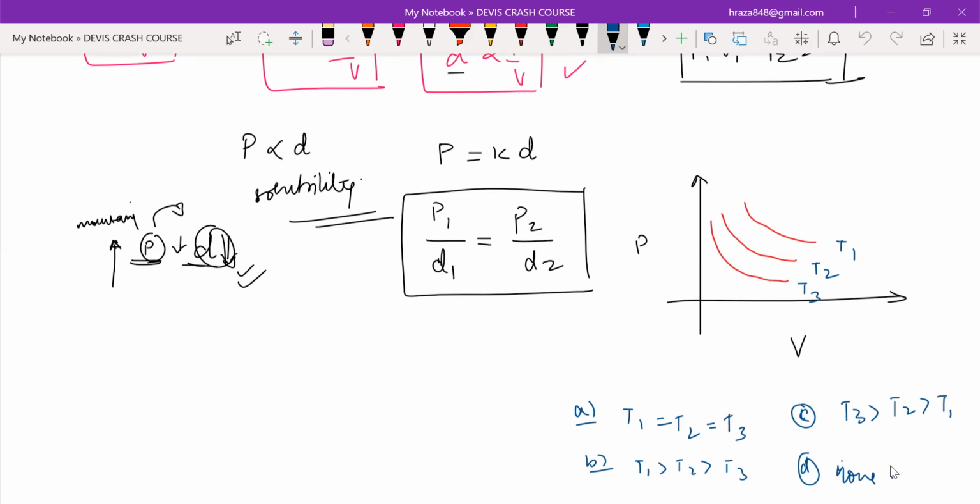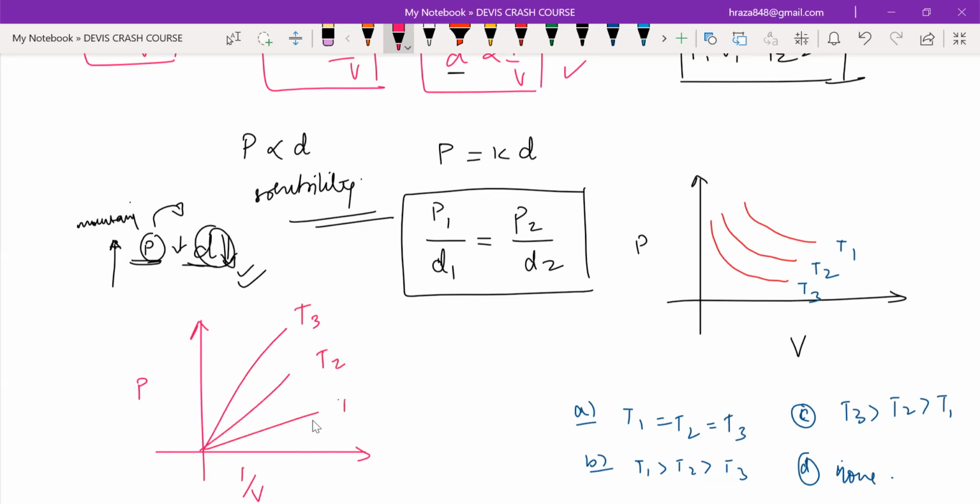T1 is greater than T2 is greater than T3. Very good. I'm impressed. Now see these, and again do the same: find the relation between T1, T2, T3.